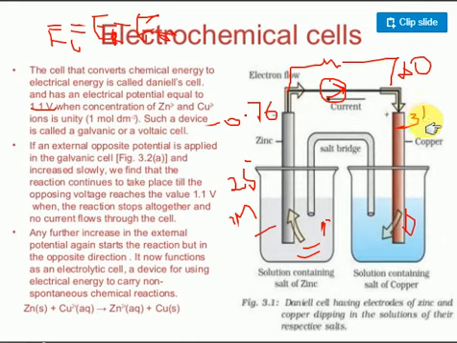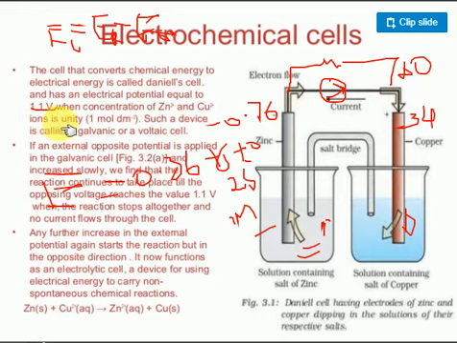Substitute the values. E cell is equal to 0.34 minus of minus 0.76, minus becomes plus. So what will we get? We will get 1.1 volts.